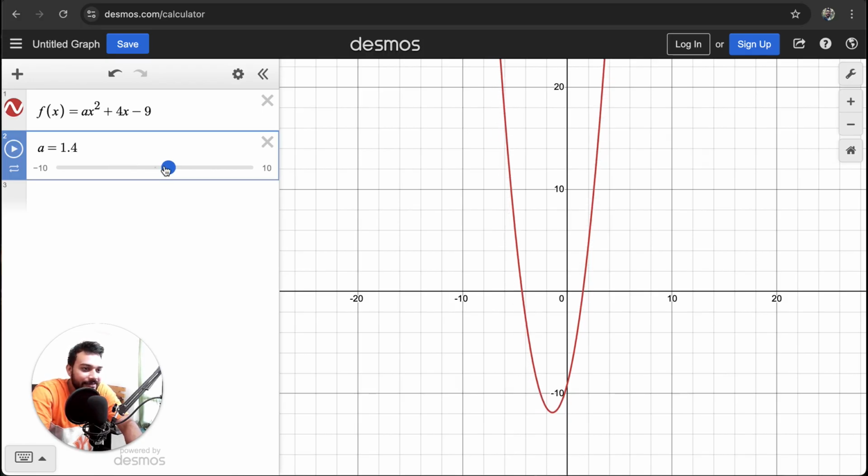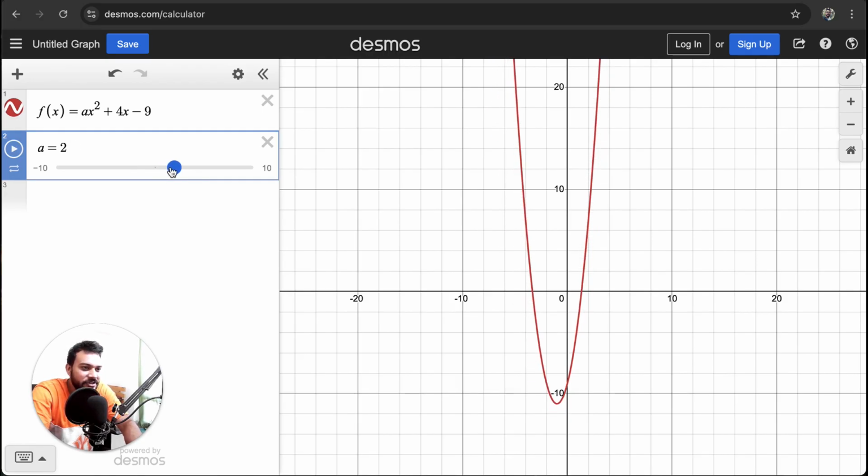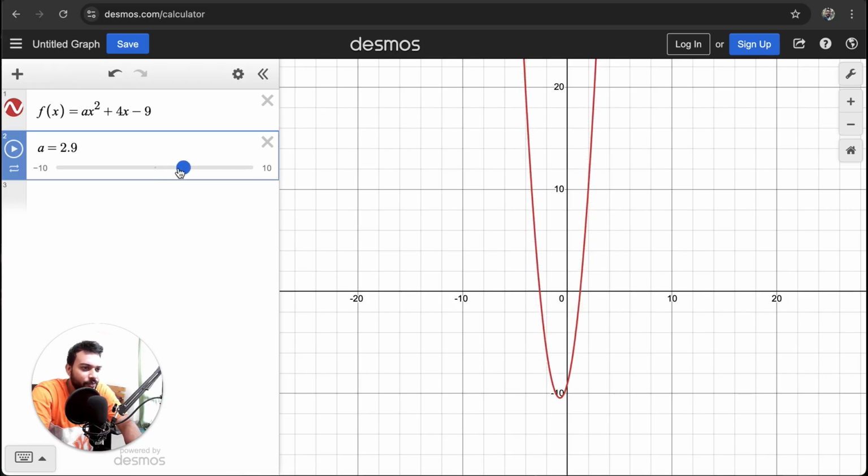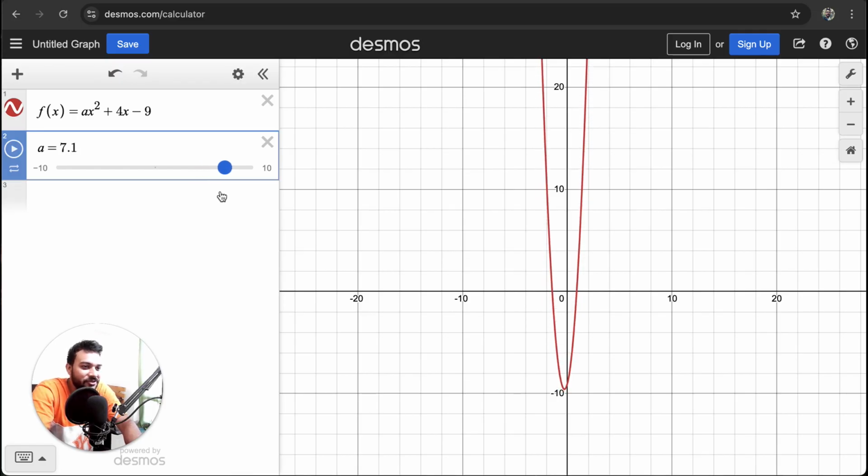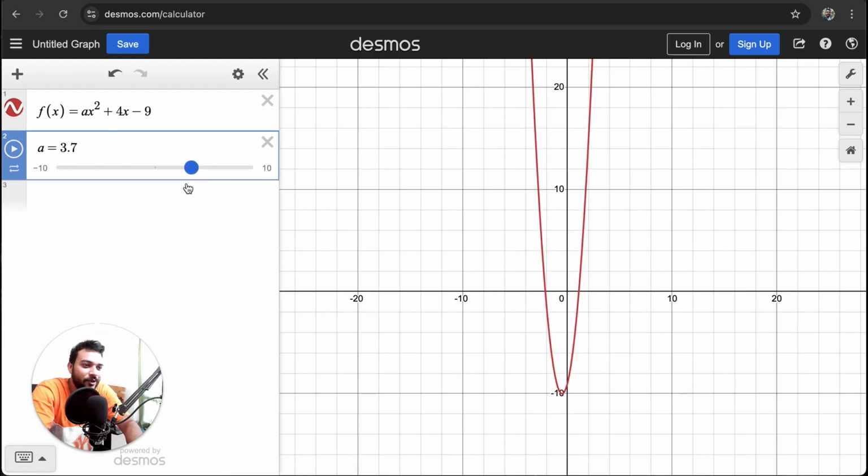See, as I increase the value of a, the graph is shrinking vertically. There's vertical shrinkage. So for the same x value, the value of the function is increasing. Why? Because it's getting multiplied with a, whose value itself is increasing. As I take it to the left, I decrease the value of a.